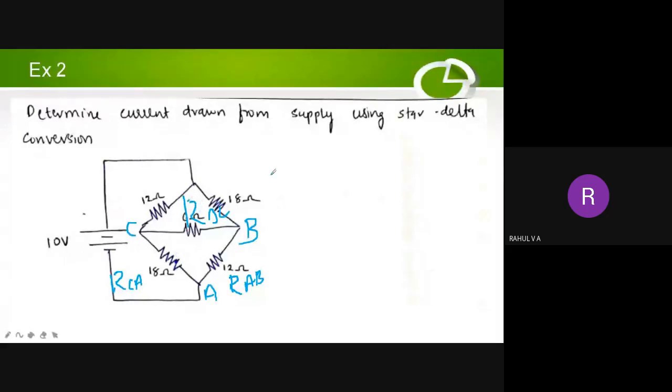So formula for RA. What was that formula? Formula is RAC times RAB, divided by the sum of all resistors: RAB plus RAC plus RBC.